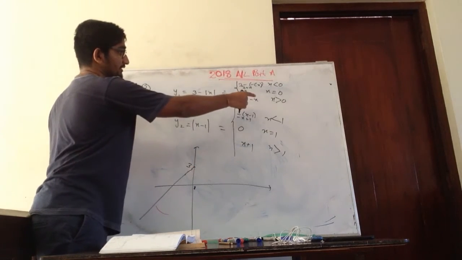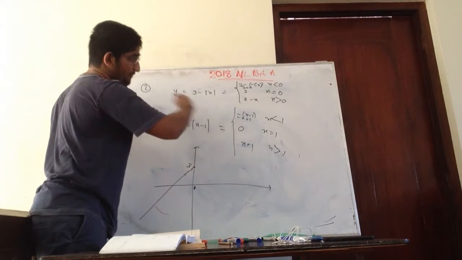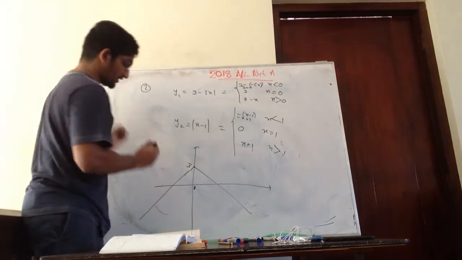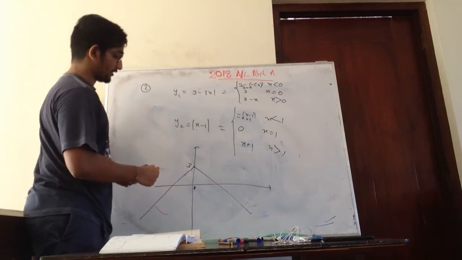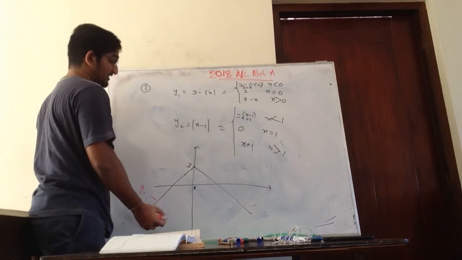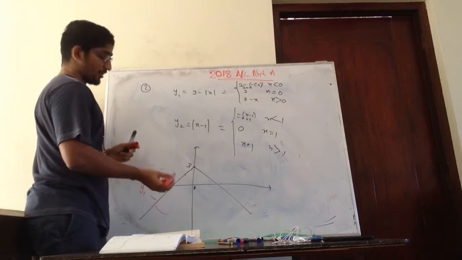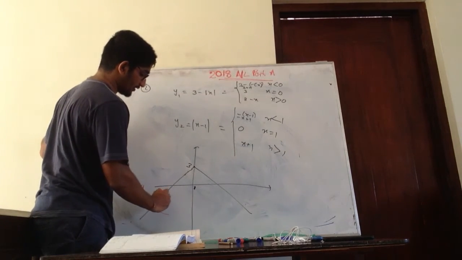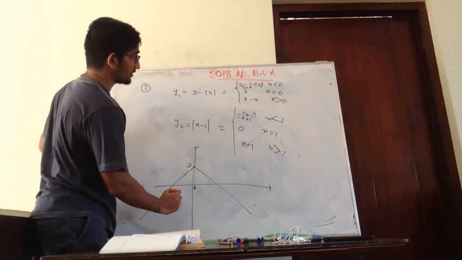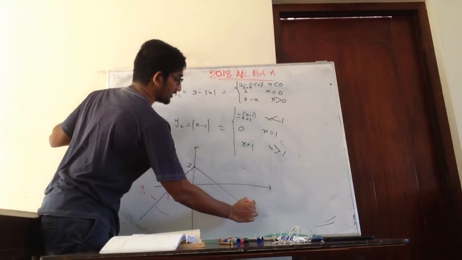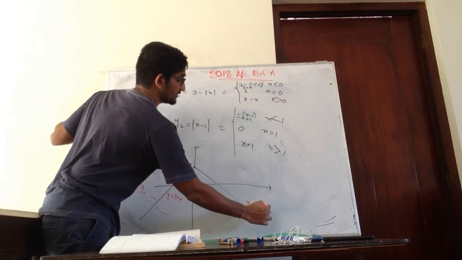Then when x is greater than 0, it is 3 minus x, so the gradient is negative. So go like this. This is basically y1. If I write more specifically, this is y1 equals 3 plus x, and this is y1 equals 3 minus x.